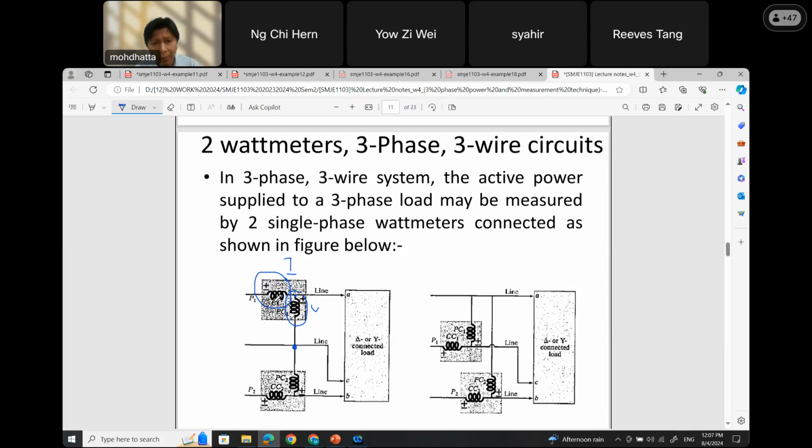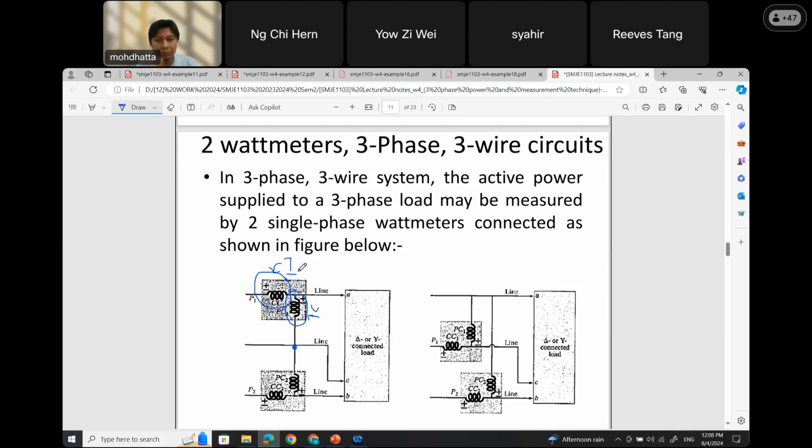And the ammeter, to measure the current, we will put in series with the circuit. So this is representing the measurement of current, and this is representing the measurement of voltage. In practice, you don't care about how you connect the ammeter and voltmeter, because the wattmeter actually comes with only 2 terminals.